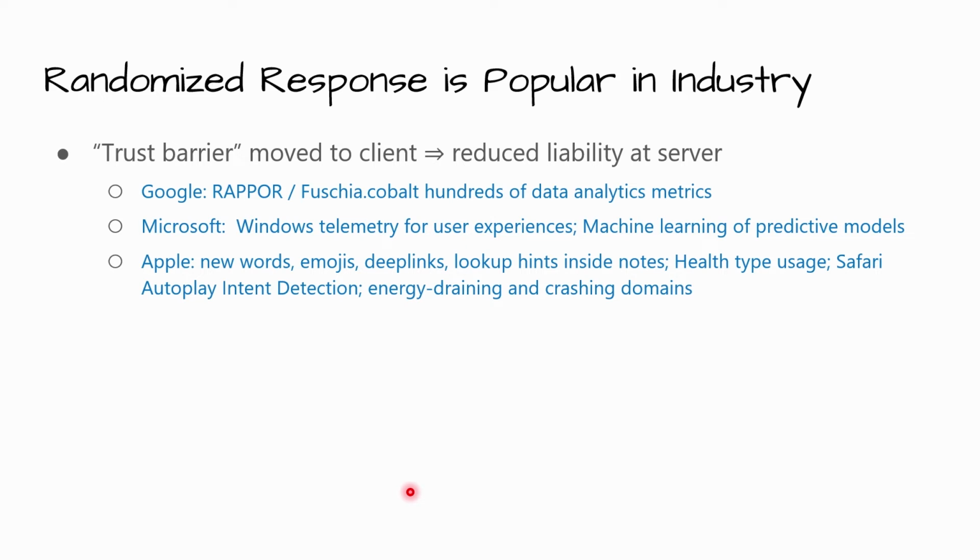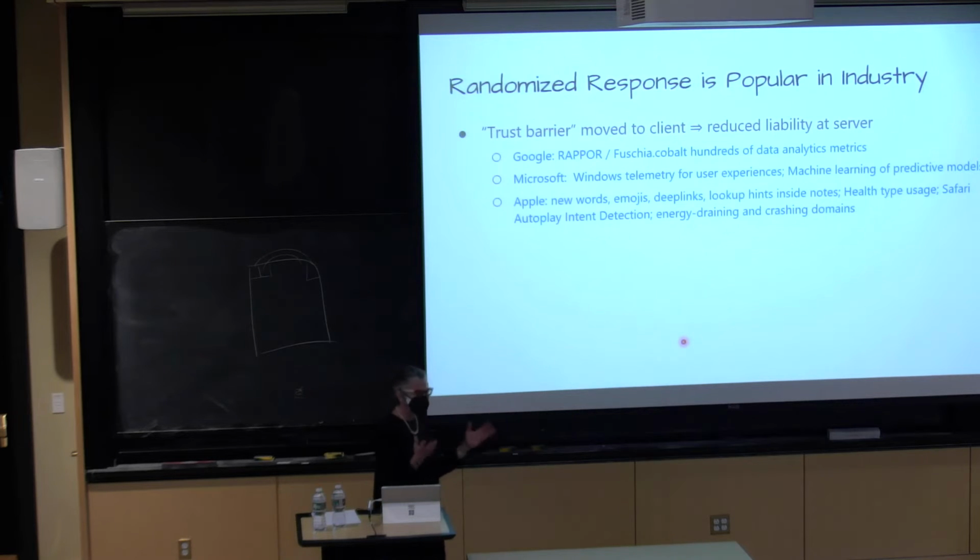Industry loves randomized response. I told you that differential privacy is being used in many different settings, many different contexts. Google, Microsoft, Apple, they're all using randomized response. Why do they like it?